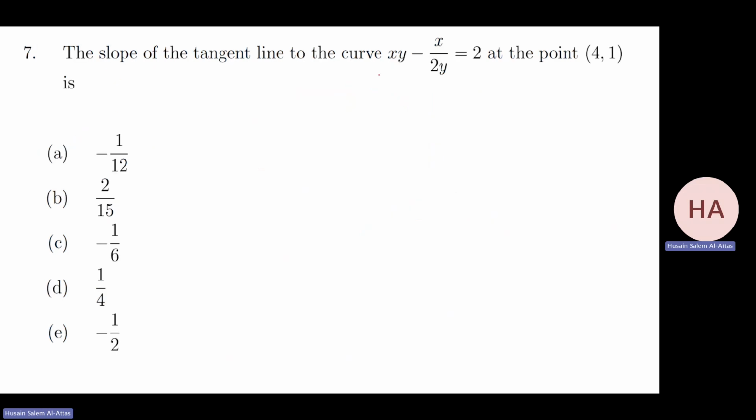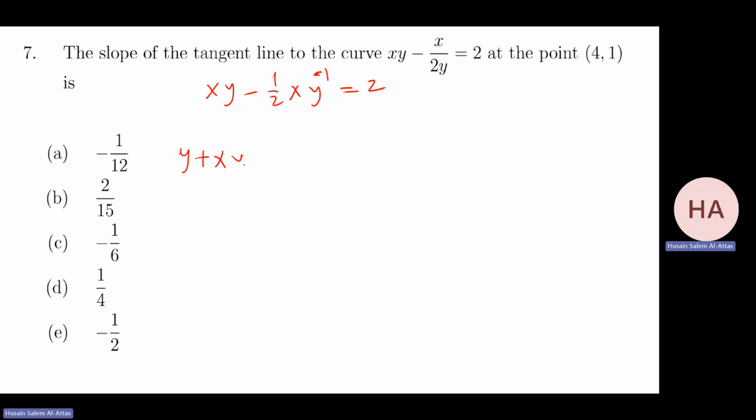It's now the tangent line at this point. I can rewrite this one, x y minus half x y prime equals minus half x to the power minus 1 equals 2. Now differentiate, instead of the quotient, use the product. I think it will be easier.